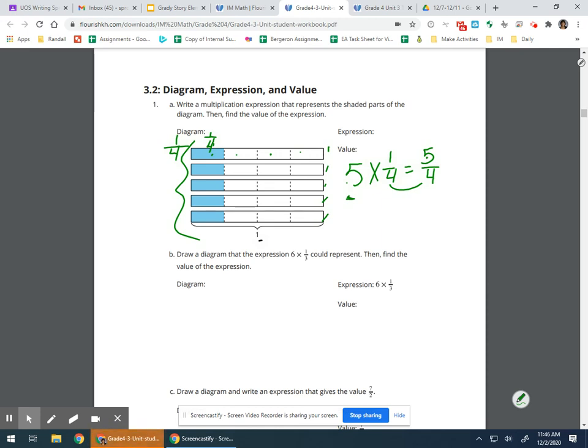Draw a diagram that expresses 6 groups of 1/3 because that's what it says. So what I'm going to do is I'm going to draw 1/3. How many times do we have to draw this? 6 times.